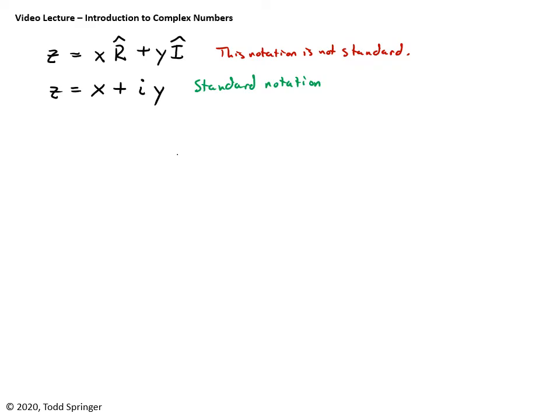So x is some number along the real axis, y is some number that I go along the imaginary axis, and this thing here is there to tell you that I'm going in a different direction. So I'm not going along the real axis, I'm going in a different direction. We call it a complex number. So it's a complex number. And remember, I like to think of the x and the y as the components of the complex number, just like components of a vector.